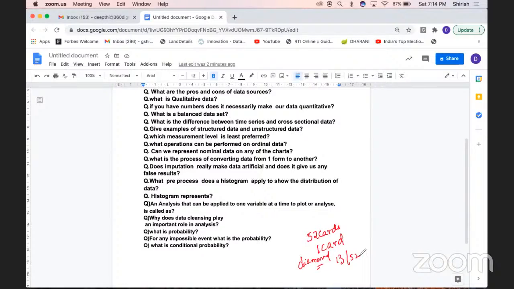Now the second scenario comes here. What is the probability of getting a diamond card again? This is my event A. What is the probability that it would again be a diamond card?